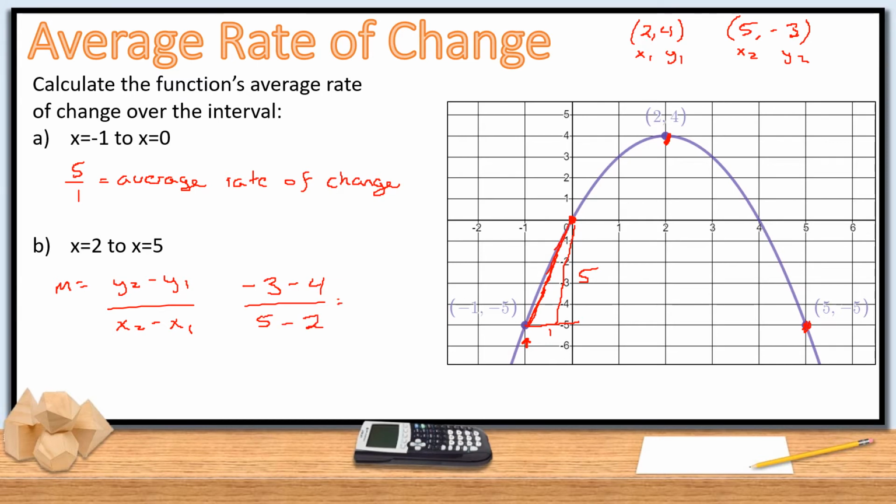So then we get -7 over 3. So that is our average rate of change for going from the vertex up here down to 5, -3. And we can see that it's over 3, it's down 7.